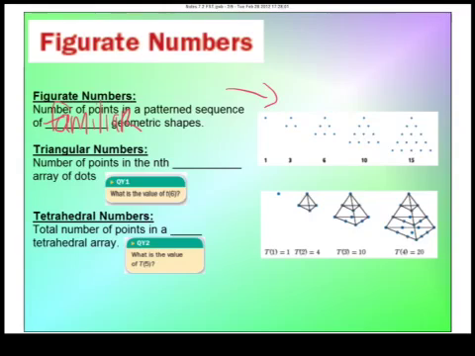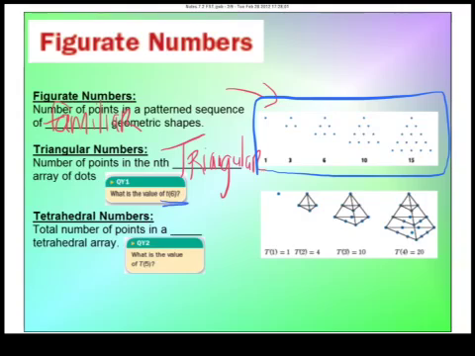Triangular numbers are a number of points in the nth triangular array of dots. So they want us to find T of 6 right here, and these are the triangular numbers, the 2-dimensional ones. And we can see here that we have pattern number 1, 2, 3, 4, 5.